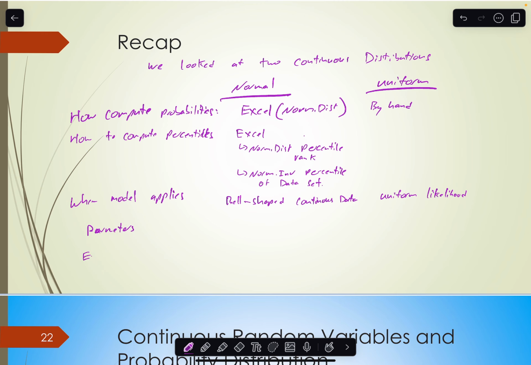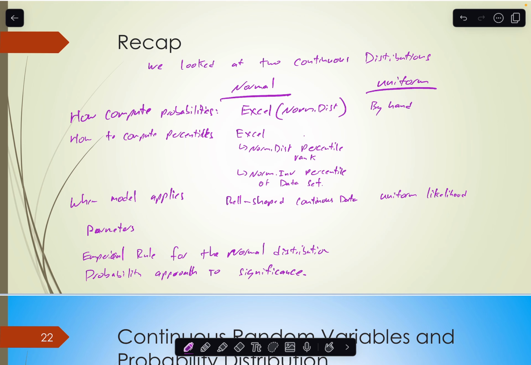We also talked about the empirical rule for the normal distribution and the probability approach to significance. That will be a very common thing to look at in the future. It's going to play a big role in hypothesis testing, and so it will be a recurring theme.